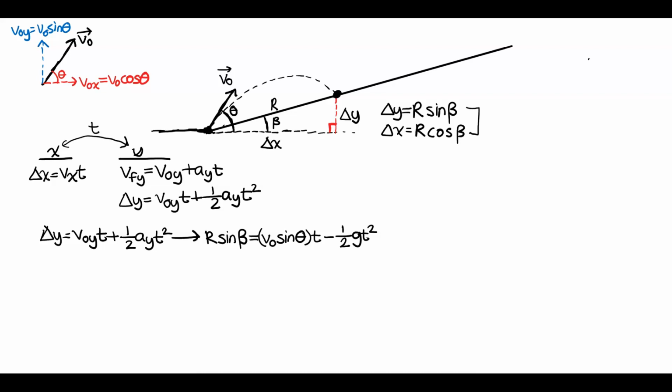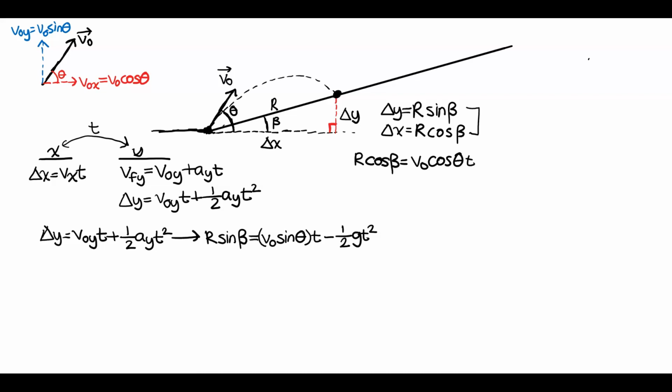So, what can we do? Now, surprising everyone, we're going to go to x now. We're going to forget y for a minute, and go straight to x. We know that delta x is r cosine of beta, and v x is v naught cosine theta t.